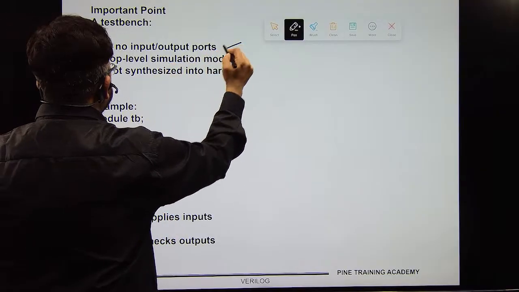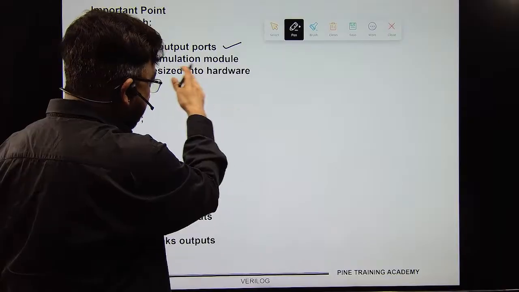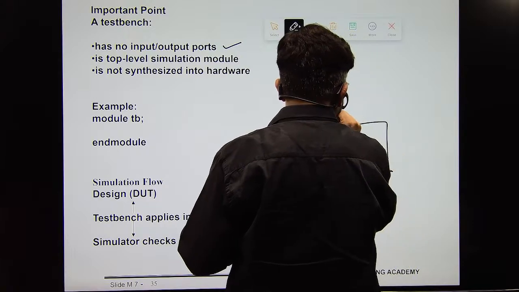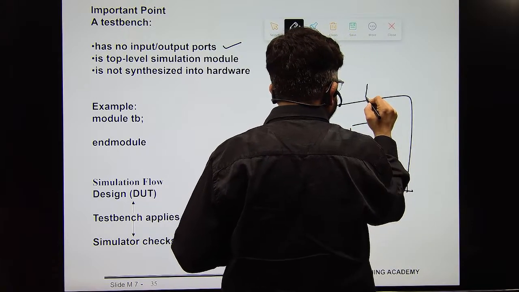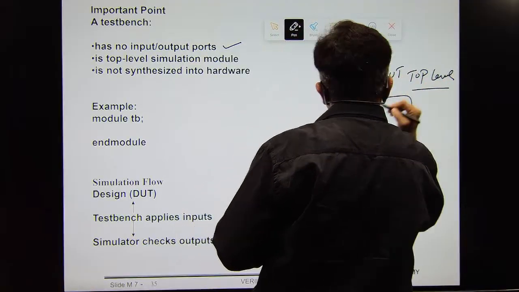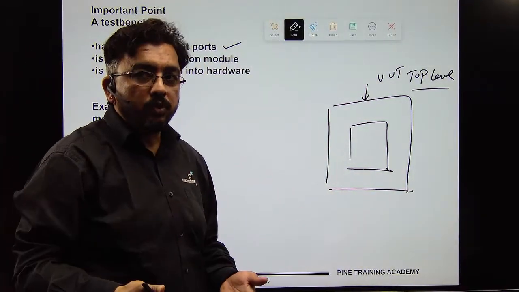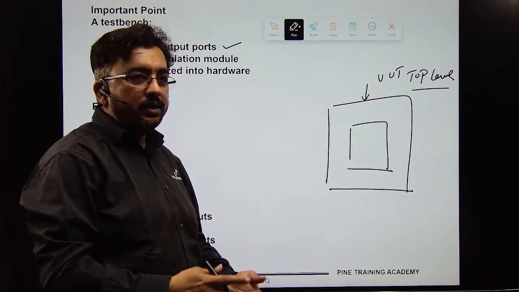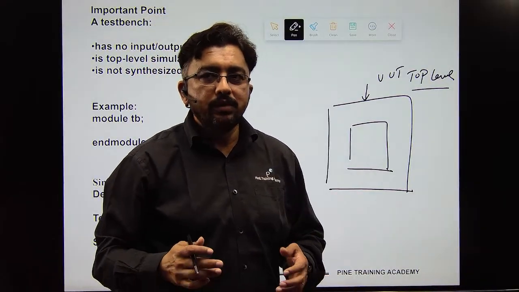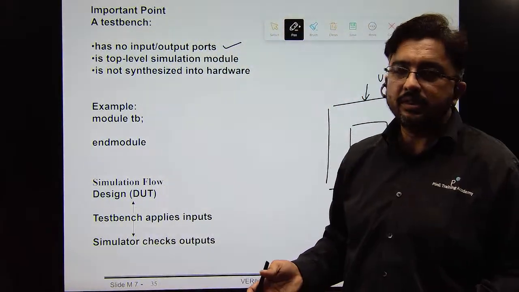First thing, it is a top level simulation model, and it's not synthesizable hardware. Already I have mentioned, you have designed something, the DUT, and now this UUT is basically known as a top level. So this is called a top level simulation module, which doesn't have its own input and output. It is like giving your hand to hold someone; if your hand is not required, then it is of no purpose, right?